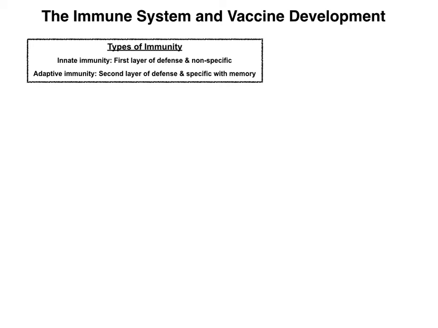That's called innate immunity. The second thing is adaptive immunity, which we also call the second layer of defense, and it's very specific, with a memory. I'll explain what that is. Adaptive immunity comes after you get an infection from a virus or bacteria, and the specific antigen-antibody reaction happens. For that particular antigen that comes through a bacteria or virus, your body responds very specifically, and so it remembers.